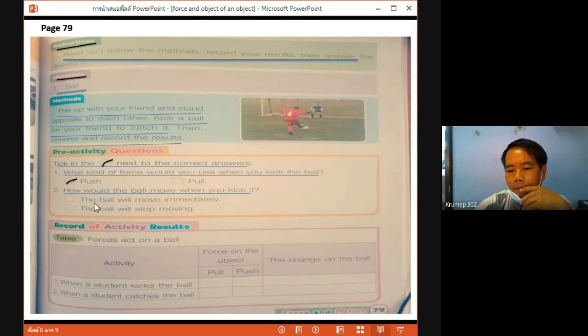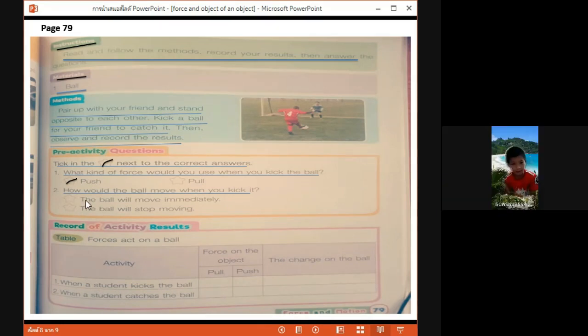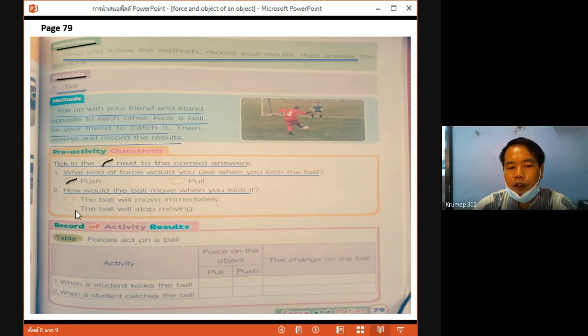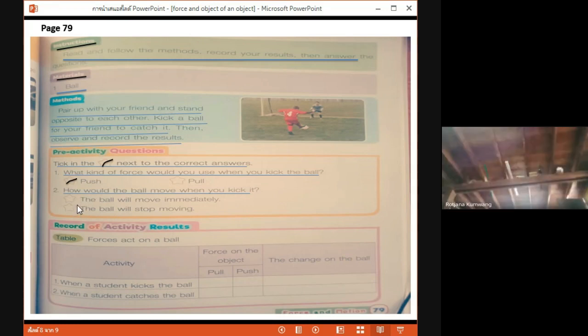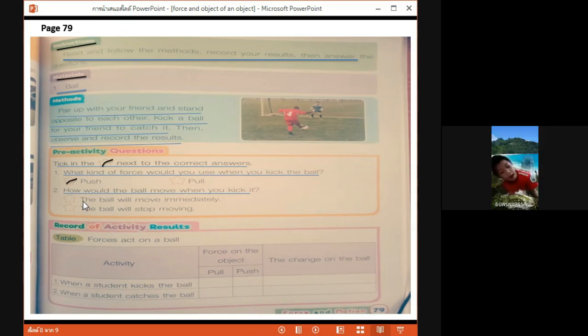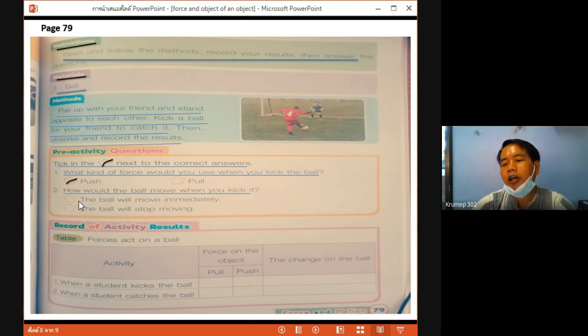What is the correct answer here? Is number one the star or number two the star? Number two. Okay, very good, Namon. Namon got the correct answer again. The question is, how would the ball move when you kick it?